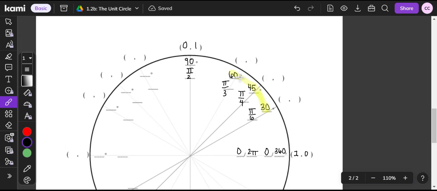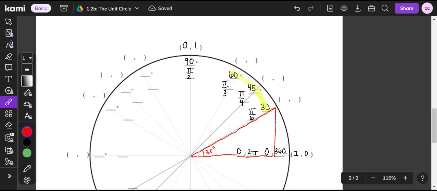So if I imagine for a sec that there is a triangle right here up to this point, I know that this must be 30 degrees, all right?